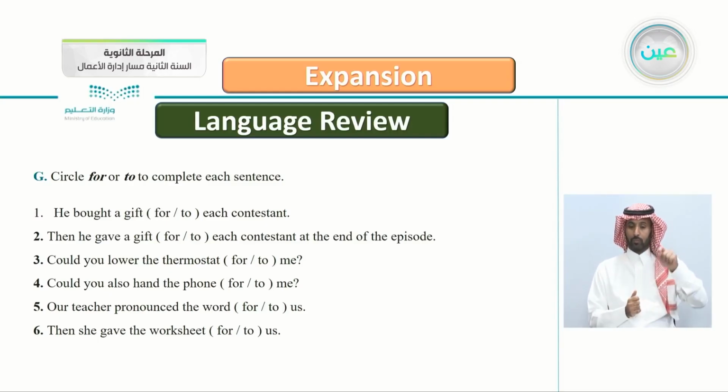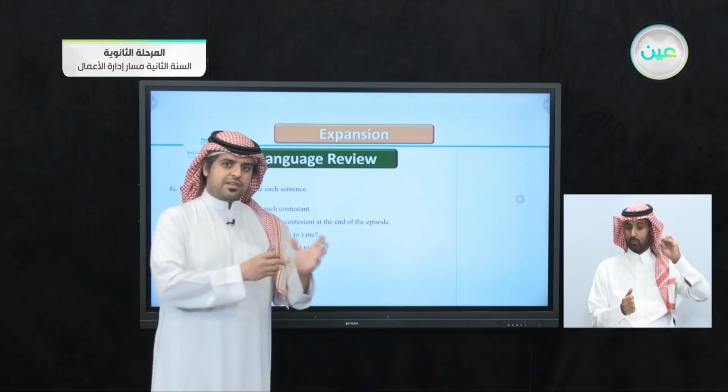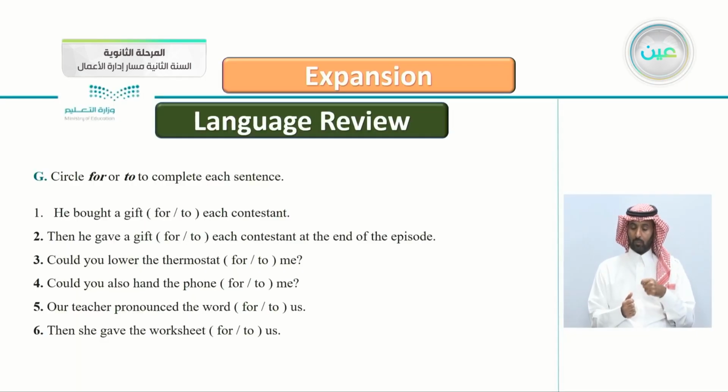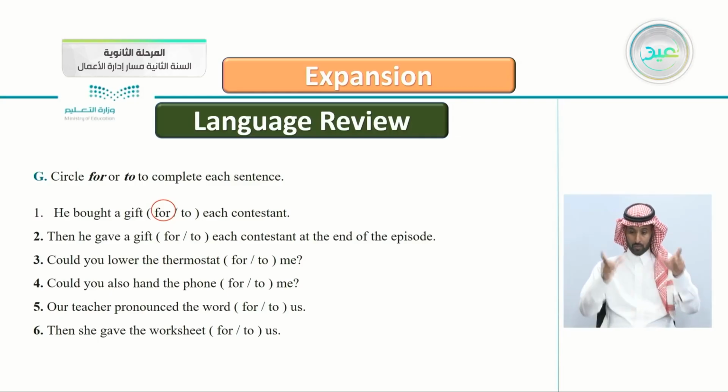A gift here is the direct and each contestant is the indirect. Are they receiving or benefiting? So number 1 is for: he bought a gift for each contestant. They are benefiting from him for the gift.